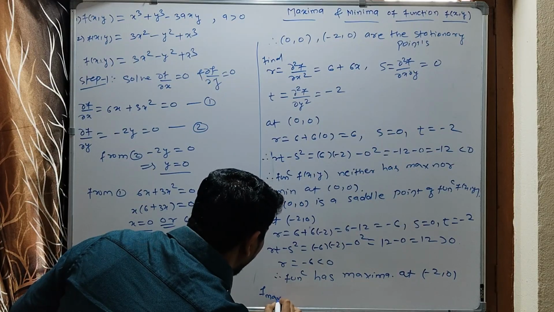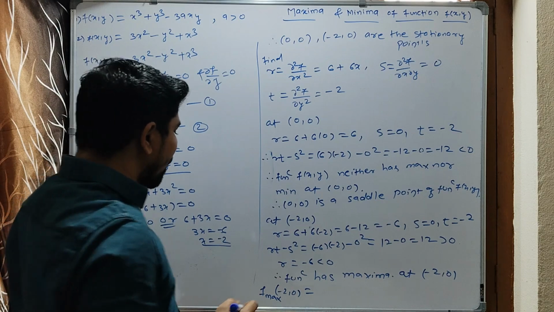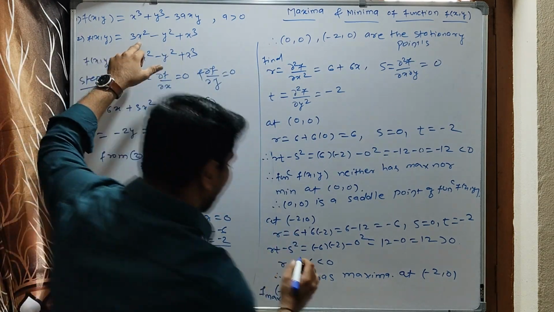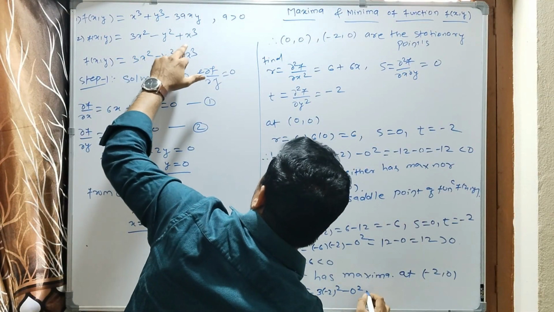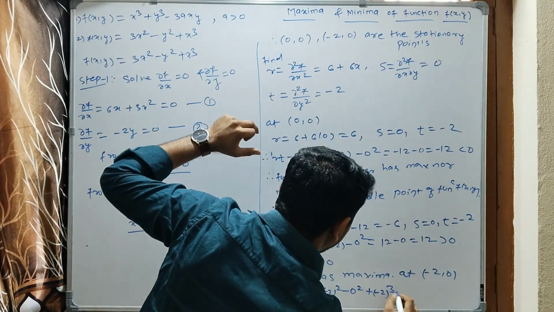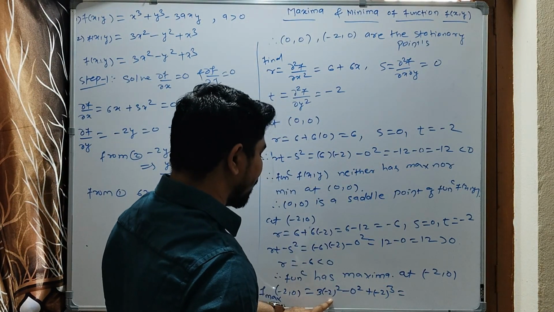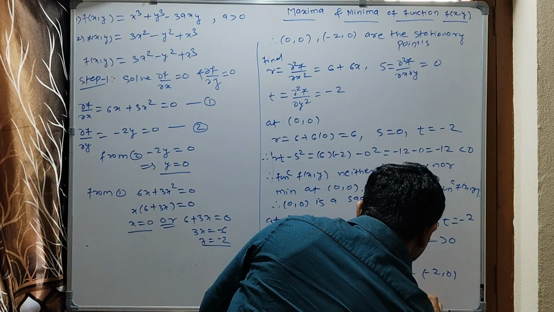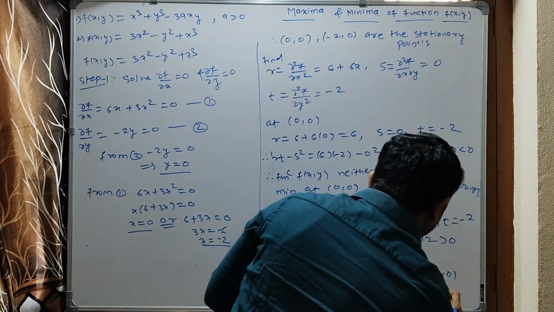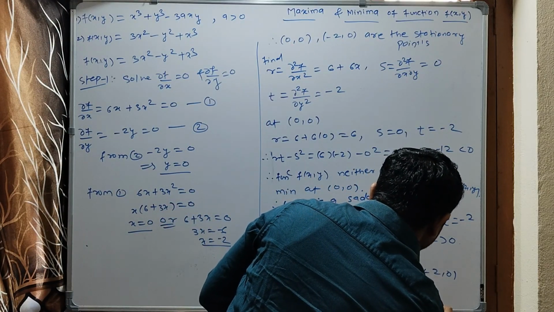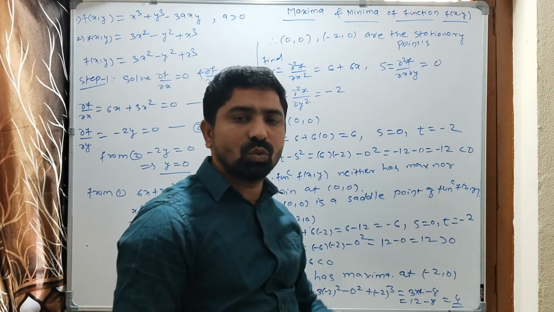The maximum value at minus 2 comma 0 is found by putting x equal to minus 2 and y equal to 0: 3 times minus 2 squared minus 0 squared plus minus 2 cubed. So 3 times 4, that is 3 into 4, minus 8, since minus 2 cubed is minus 8. So 12 minus 8, which is equal to 4. This is the maximum value of my function at minus 2 comma 0.